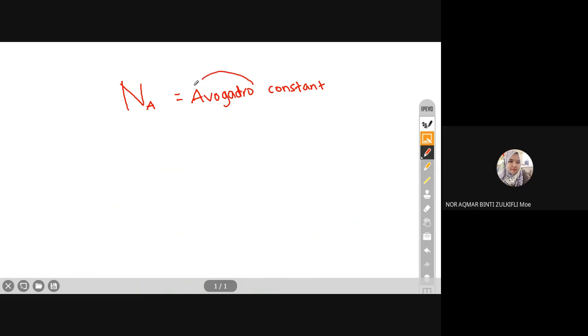So this is a person's name. You need to memorize 6.02 times 10 to the power of 23, because sometimes they don't give you the value. That's why you need to practice the questions a lot. Memorize the Avogadro constant, we will calculate with it later.